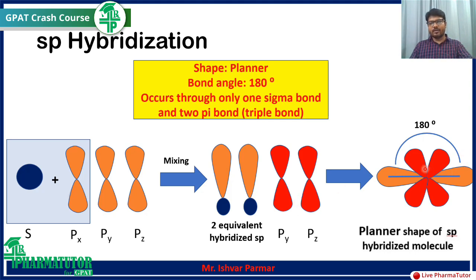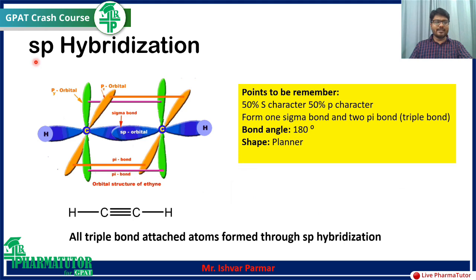By different orientation and alignment, it forms a planar shape, and it has a bond angle of 180 degrees. So it forms one sigma bond and two pi bonds in the molecule, so it forms a triple bond. It is an example of sp hybridization.